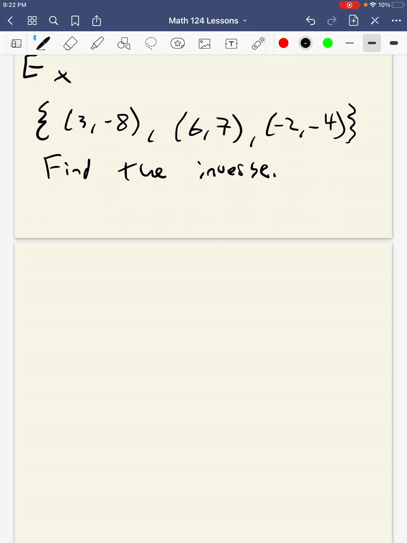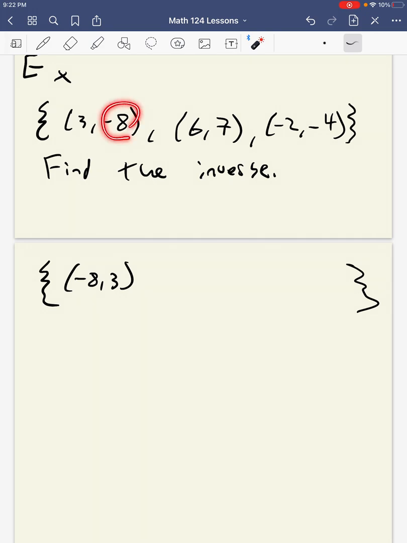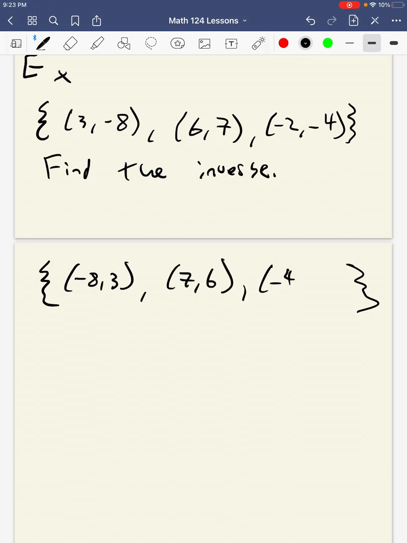Well, this is pretty easy. We just swap the inputs and the outputs, or swap the coordinates, swap the x's and the y's. So we do (-8, 3), right, we just swapped. And then we do (7, 6) and (-4, -2). We are just swapping the x and y values.